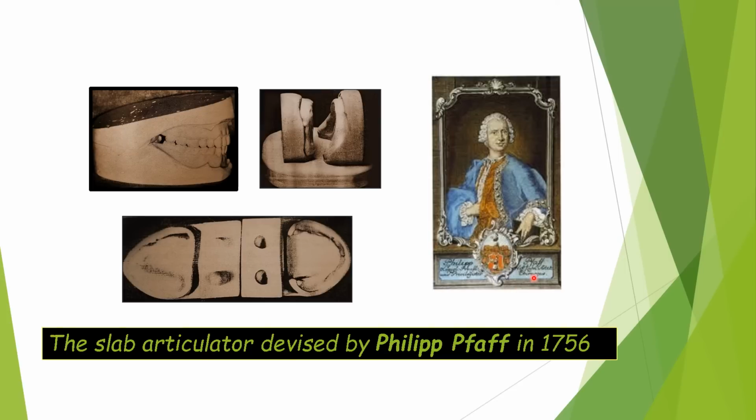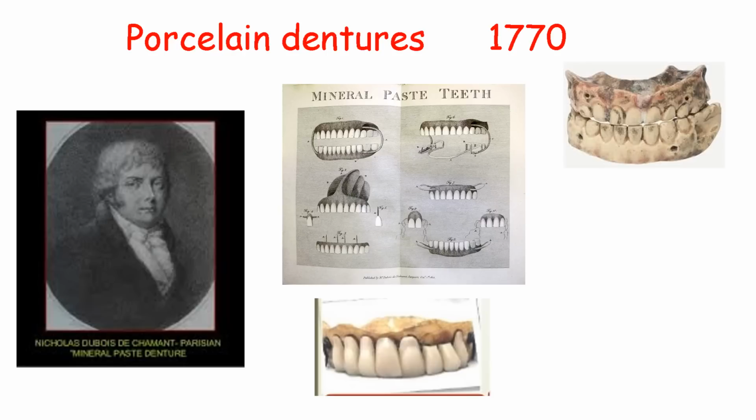And in 1756, Philip Pfaff proposed the slab articulator and he also proposed wax impressions. Toward the end of the 18th century, people were becoming dissatisfied with the stained ivory denture.